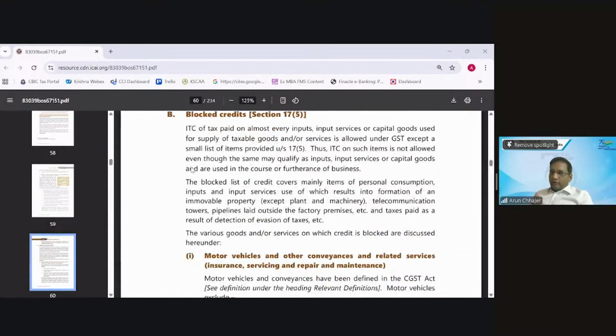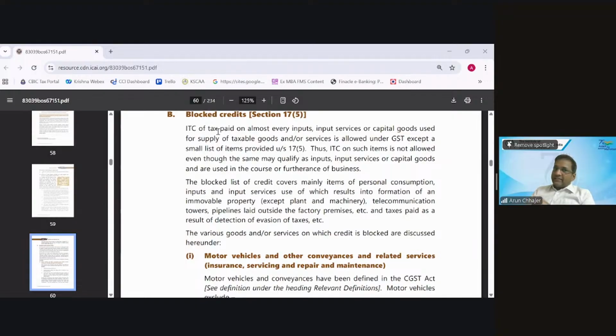Tell me one more point. Suppose I have purchased a motor vehicle for my director, a Honda City, let's say, and I clearly instructed that this motor vehicle will be used completely for office purpose, completely business purpose. You cannot use it for your own purpose.